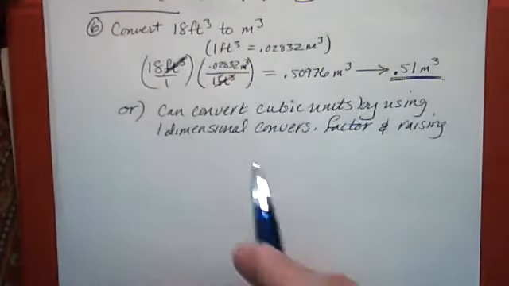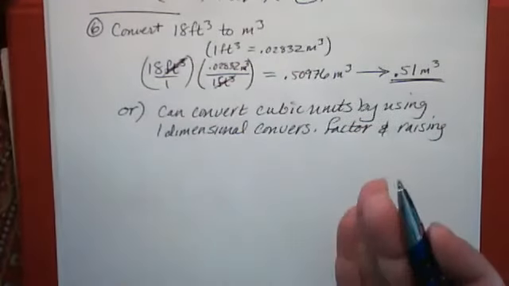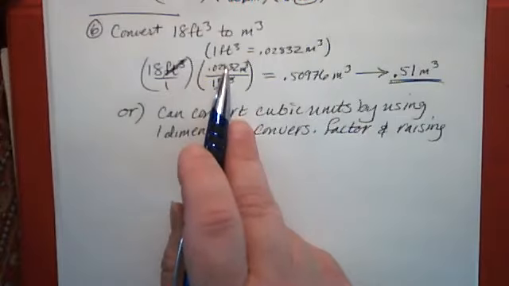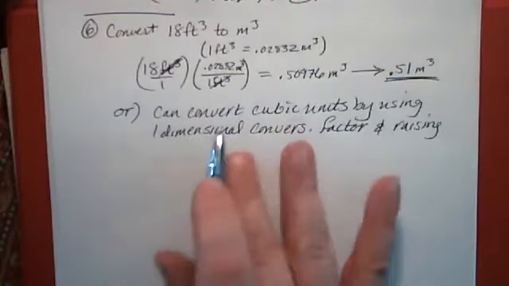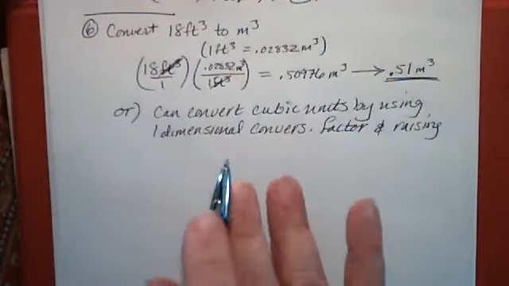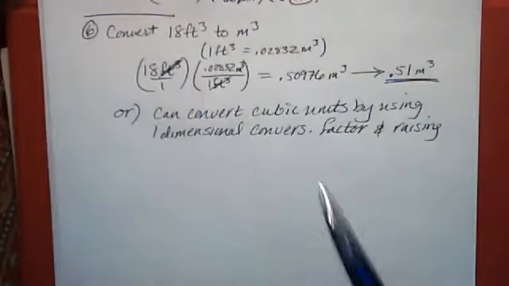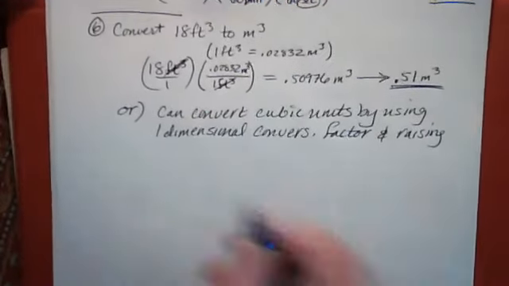There's another conversion factor that goes from feet to meters. You can actually use that and cube it, because that's actually what this number is. It's the conversion factor between feet and meters that's already been cubed for you. But it's good to know how to do it in the more basic fundamental way, just in case you can't find the conversion factor that's already cubed when you need it.